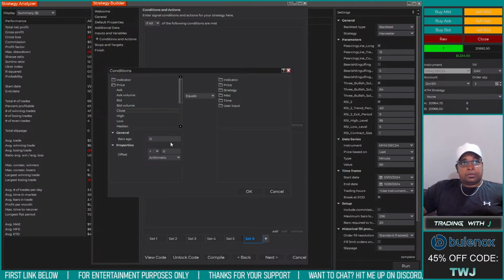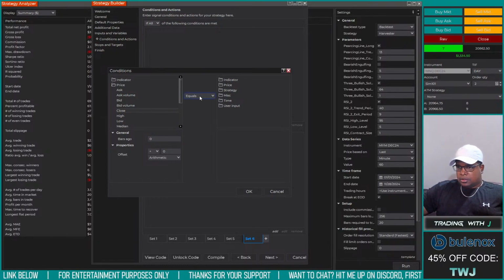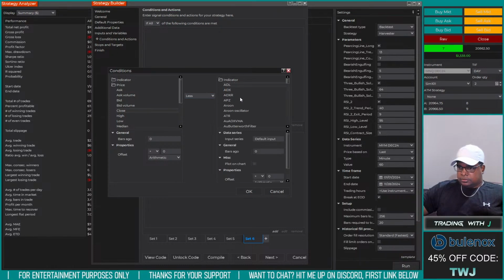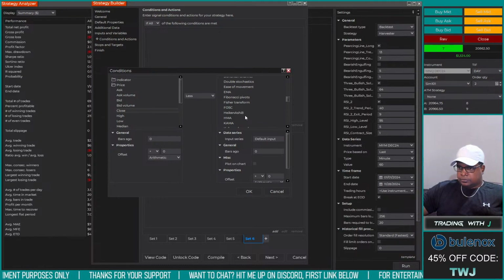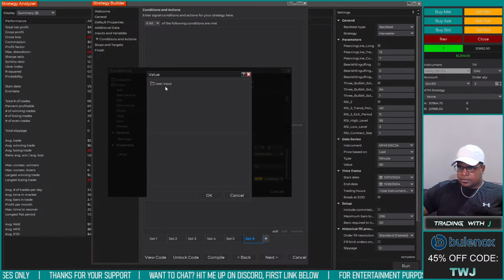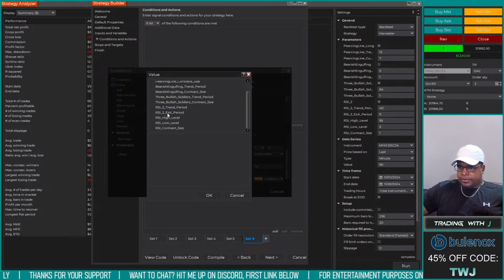It's for a long position. We need price to close less than the exponential moving average, that is the RSI exit period.